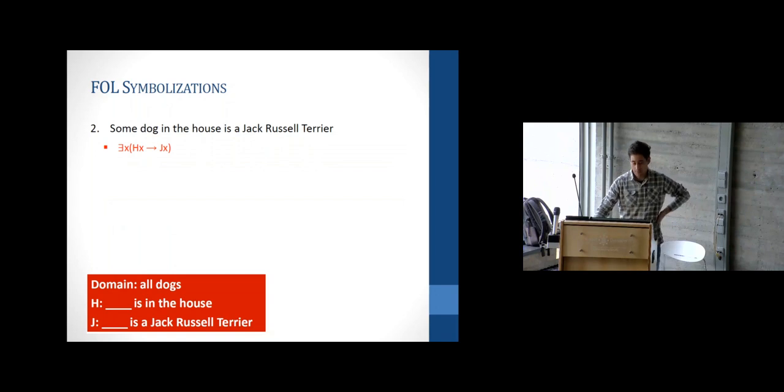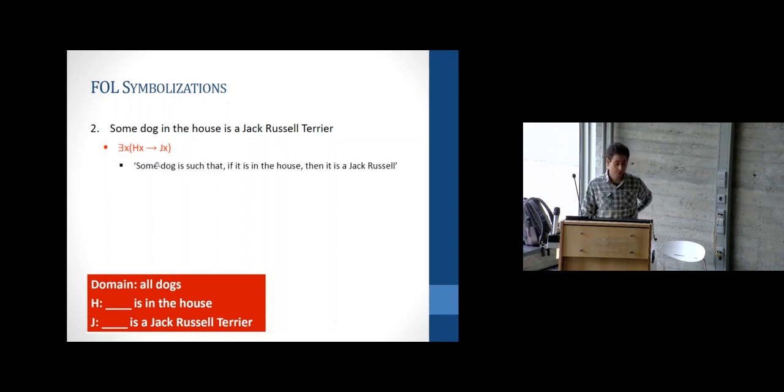Why is that? Remember that the conditional can be true if the antecedent is false, right? So another way to say it, some dog is such that if it is in the house, then it is a Jack Russell Terrier.